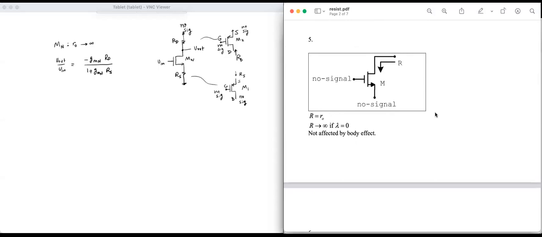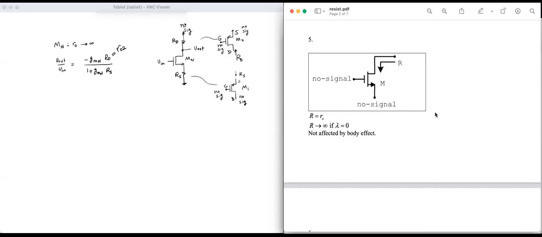This is the situation for M2. So R is simply small RO, which means that RD is small RO2. That's it.